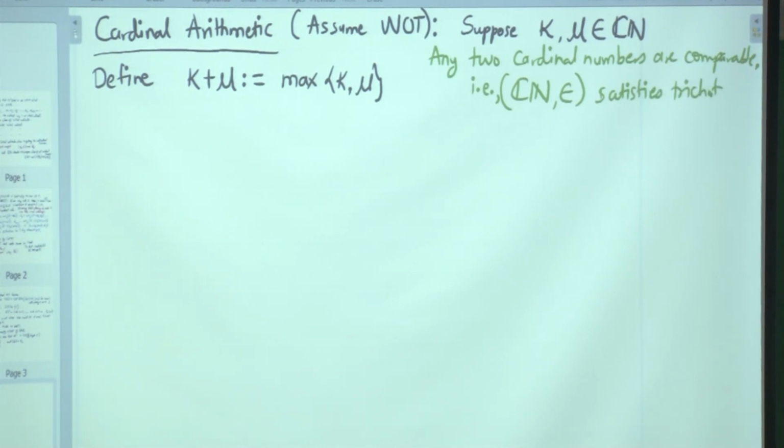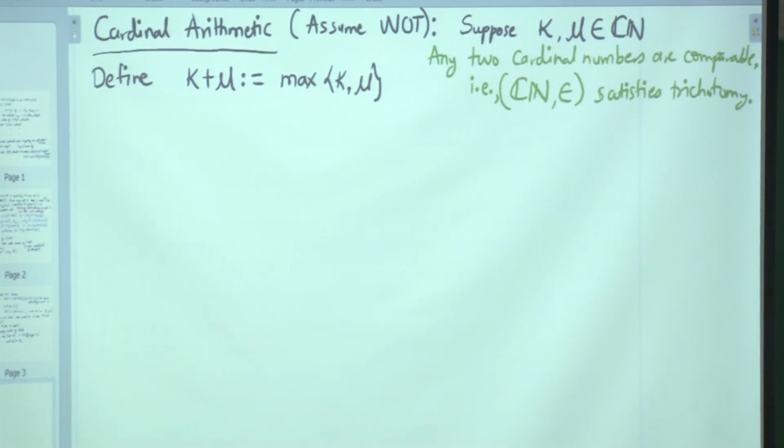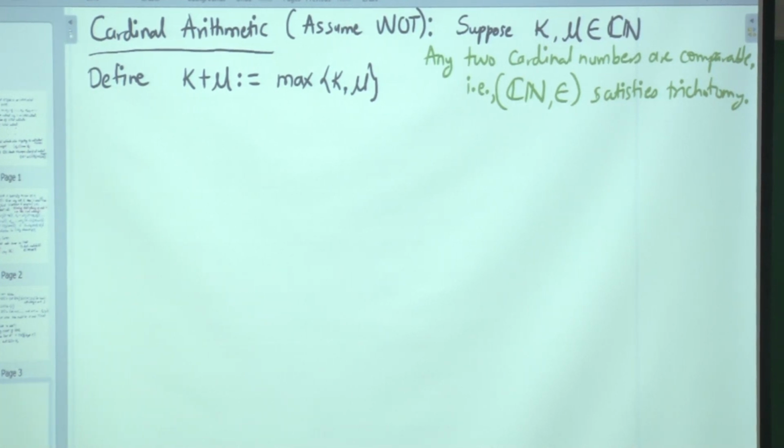You know what trichotomy is? Given any kappa and mu, either kappa is equal to mu, or kappa is less than mu, which is kappa belongs to mu, or mu belongs to kappa. Therefore, the sum is this.